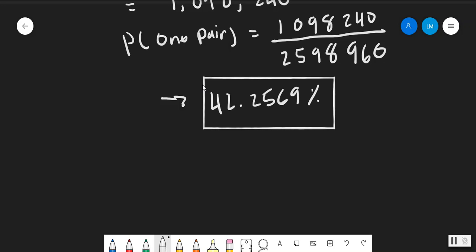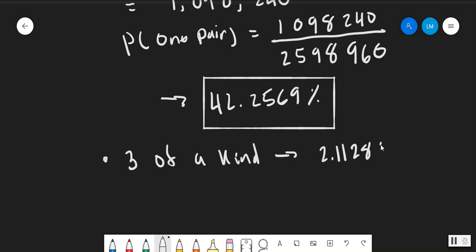Now, I can do the same thing for royal flushes and whatnot, or I can do the same thing for three of a kind. That means that you have 3 cards with 2 throwaways. So I would say, try to see if you can do some of the examples where you try to find the probability of 3 of a kind, for which I'll give the answer: 2.1128%.